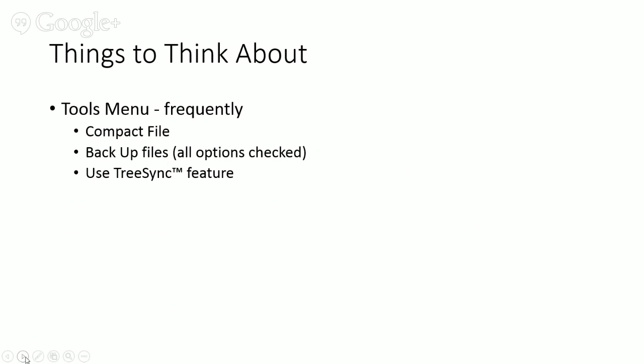Then use the tree sync feature. That's with Family Tree Maker version 2012, 2014, and Family Tree Maker for the Mac, FTM3, which is the current version. Use the tree sync feature. That gets your tree on the Ancestry website.